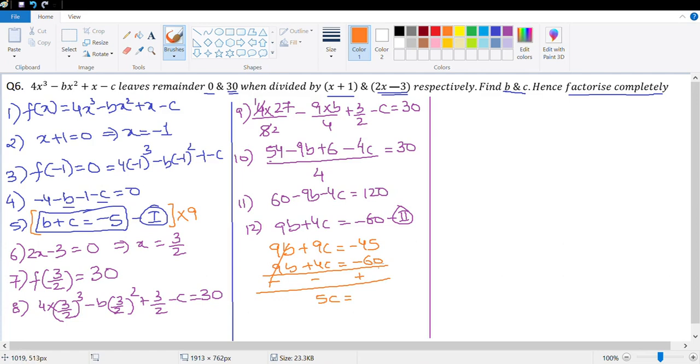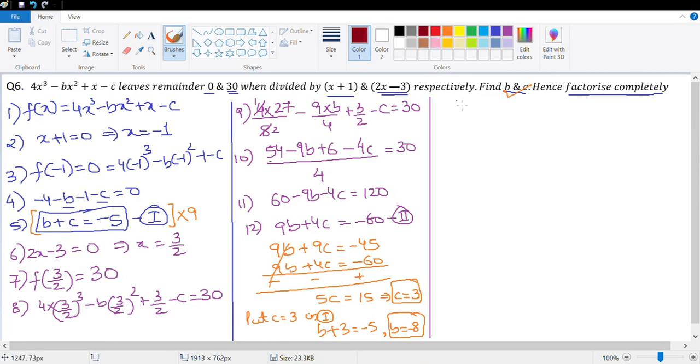Negative 45 plus 60 gives me plus 15, which means c is equal to 3. Now put c is equal to 3 in equation 1, and we have b plus 3 is equal to negative 5, which means b is equal to negative 8. So we've been able to figure out the value of b and c: negative 8 and 3 respectively.